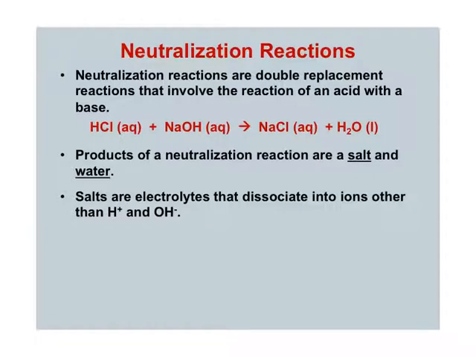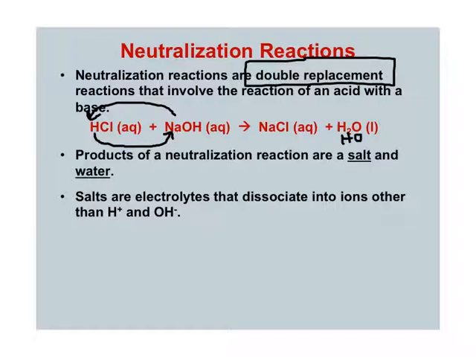Now, neutralization reactions are what happen when you react an acid with a base. Remember, these are double replacement reactions. So here, the hydrogen is going to replace the sodium, and the sodium is going to replace the hydrogen. When that happens, the hydrogen is with OH, which we could write water as HOH, and it would look the same.